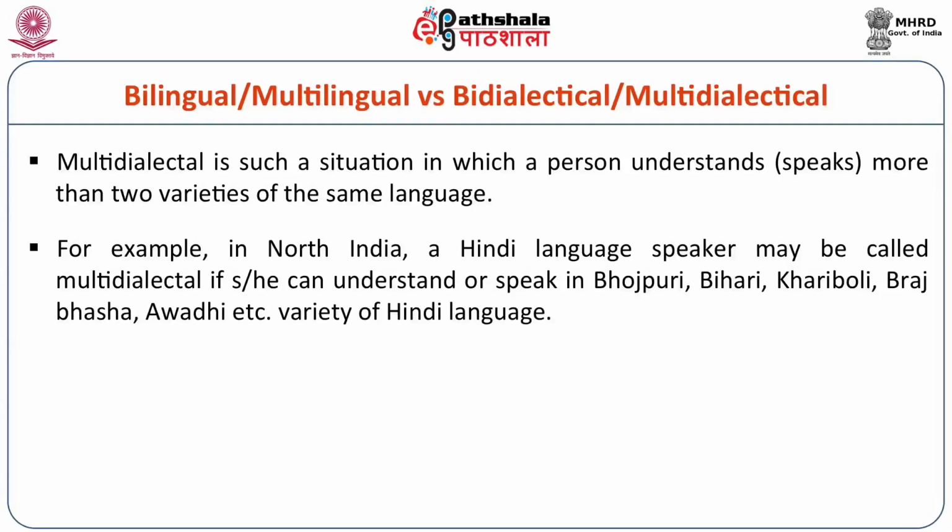So they have the influence of the land over the language, the influence of the area over the pronunciation also. For example, in North India, a Hindi language speaker may be called multidialectal if he or she can understand or speak Bhojpuri, Bihari, Khadi Boli, Brij Bhasha, Avadhi. These are all variants of Hindi, varieties of the Hindi language.